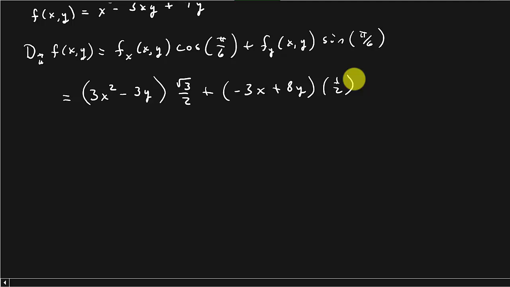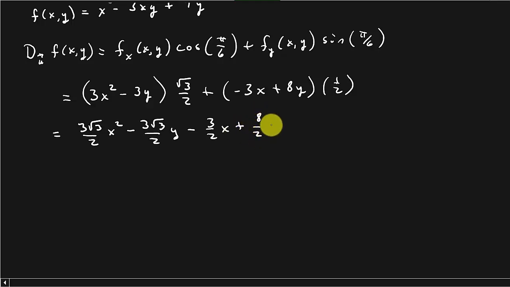And so now let's just distribute. So we're going to get 3 square root of 3 over 2 times x squared minus 3 square root of 3 over 2 times y minus 3/2 x plus 8 over 2 times y. All right.